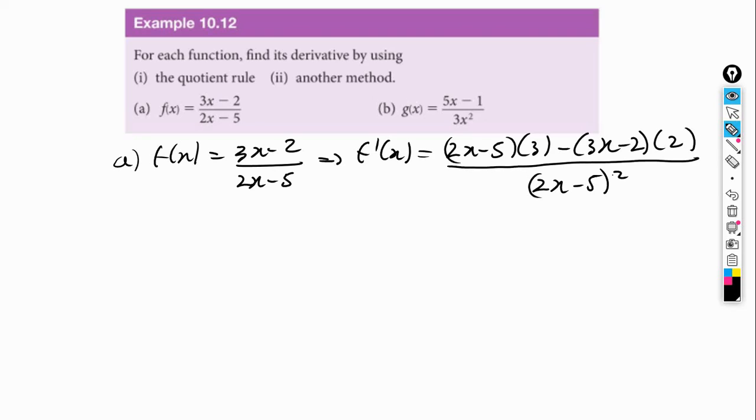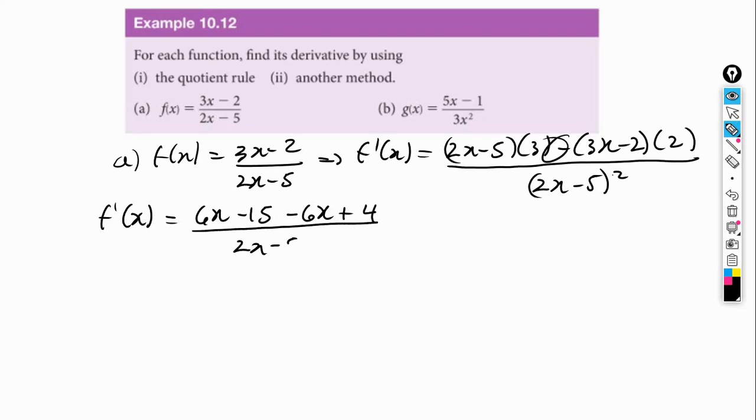And then expand the top and simplify, so we're going to get that the derivative of f of x is equal to 6x minus 15, and then here we have to be careful with this negative, minus 6x plus 4. And here we go, this over (2x minus 5) squared. And finally, this is going to cancel out here. So we're going to get negative 11 over (2x minus 5) squared.